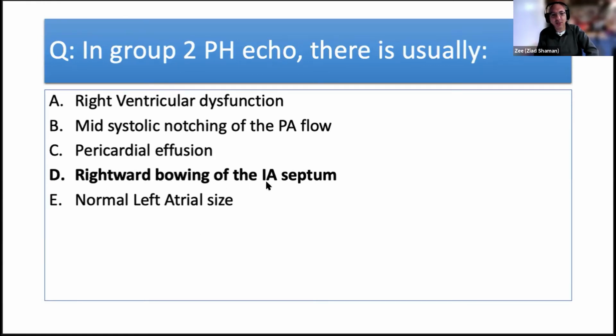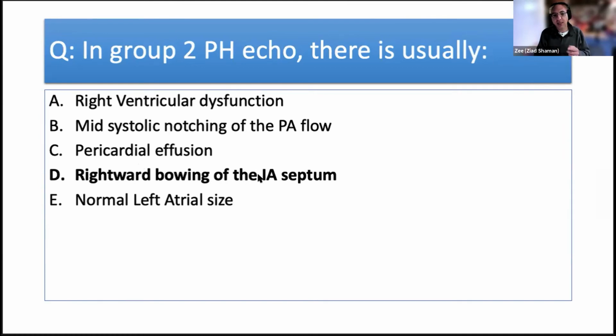And rightward bowing of the interatrial septum. I'm not talking about the ventricular septum here. I'm talking about the interatrial septum. This is when the left atrial pressure is higher than the right atrial pressure. And you can imagine in cardiac disease that's causing a pressure phenomenon in the pulmonary circulation has to first cause a pressure phenomenon in the left atrial environment, and that is going to cause rightward bowing.